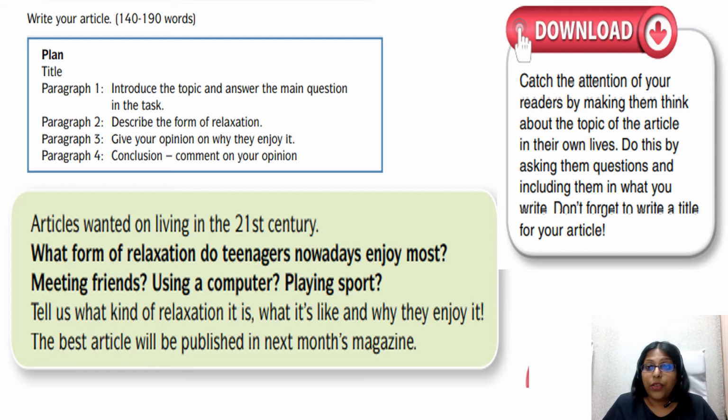Then you come up with paragraph 1, in which you introduce the topic and answer the main question in the task. And then in paragraph 2, describe the form of relaxation. And in paragraph 3, give your opinion on why they enjoy it. And in paragraph 4, your conclusion. Comment on your opinion. Alright, I hope you understand that.